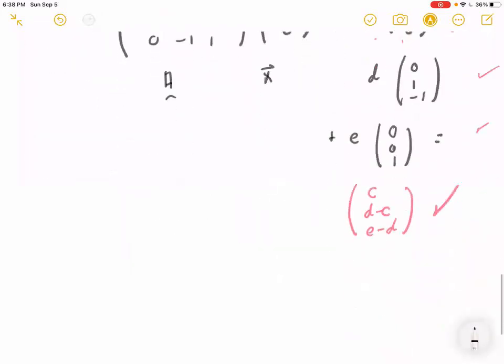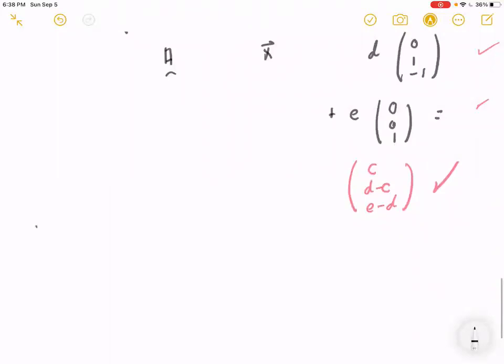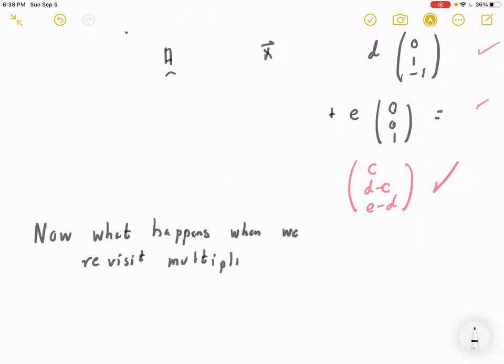So what happens now when we revisit the task of multiplying two matrices together?